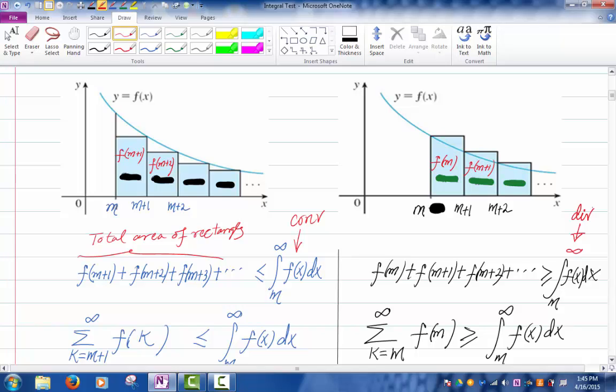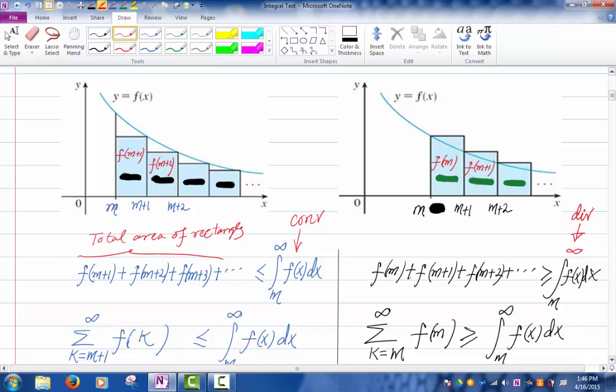We have the interval from m to infinity divided into subintervals, where the length of each subinterval is 1. So you have m plus 1, m plus 2, m plus 3, and so on.